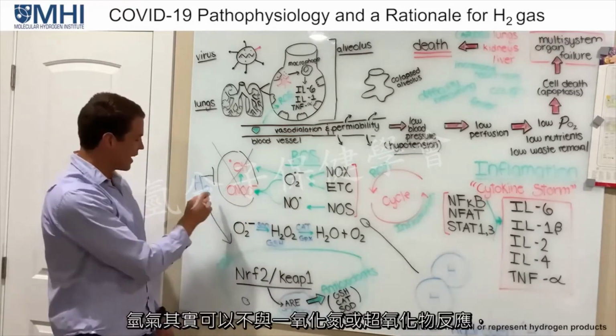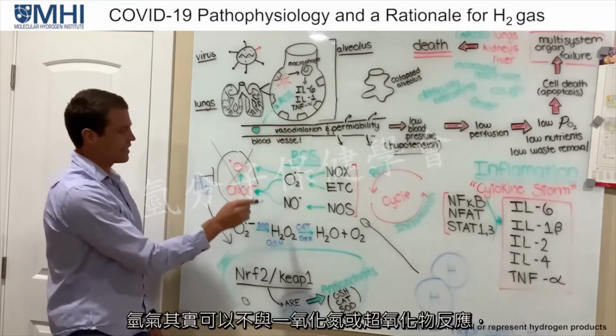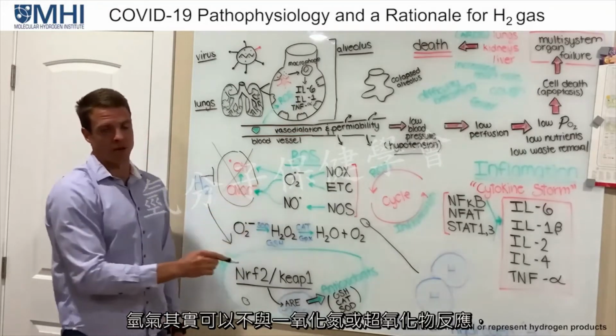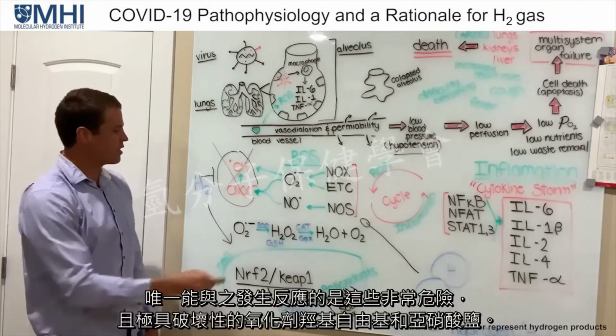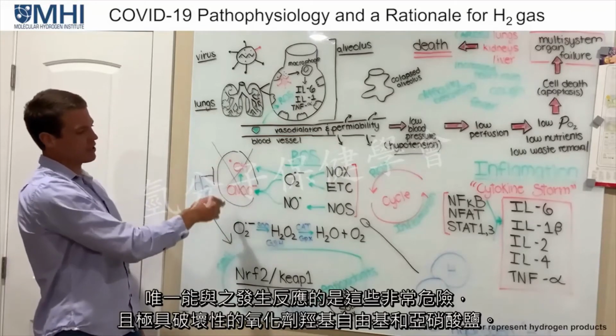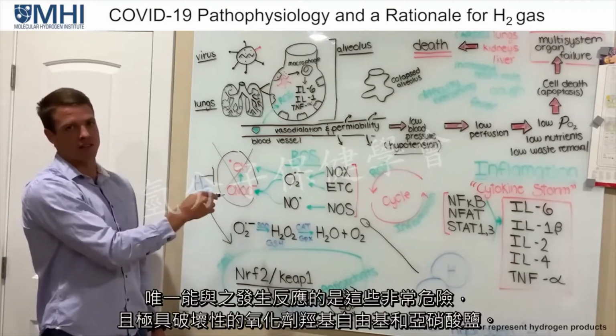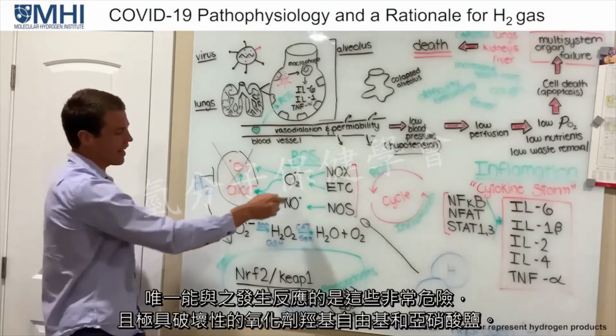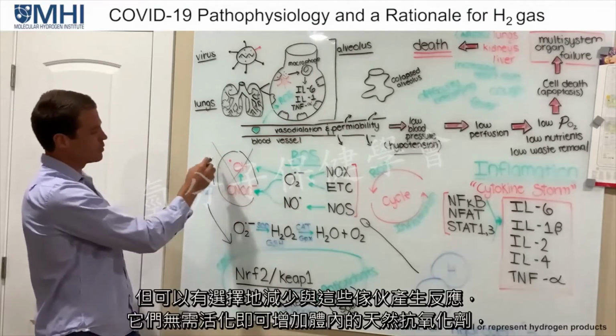Hydrogen gas does not react with nitric oxide or superoxide. The only things it can react with are these very dangerous and very damaging oxidants, hydroxyl radical and peroxynitrite. It can't react here, but it can selectively reduce these guys.